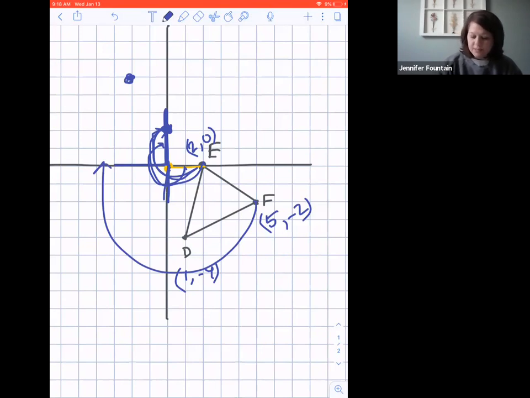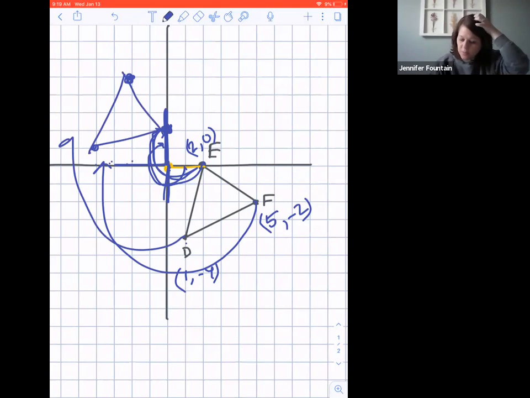And then when D rotates around, it ends up at 4, 1. So 1, 2, 3, 4, 1.